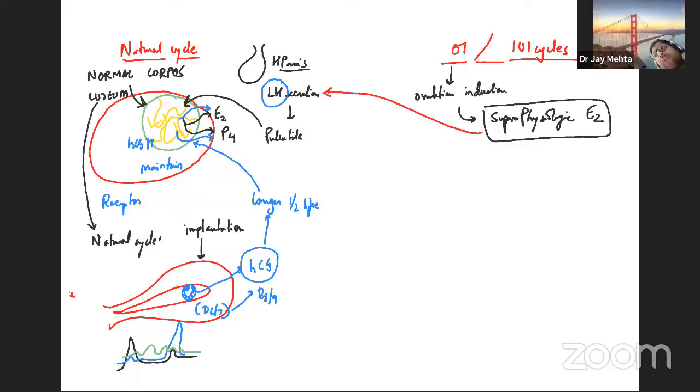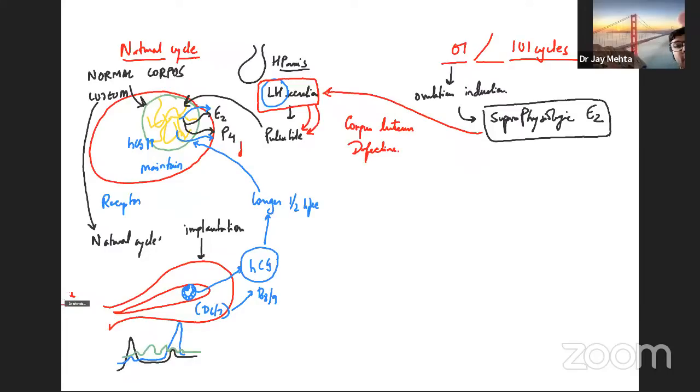Now, because this supraphysiological estradiol is negative to LH secretion, it ultimately ends up destroying the pulsatile mechanism in which the LH is secreted, and it causes the corpus luteum in a stimulated cycle to be slightly defective. Because it is slightly defective, there is going to be a window where nobody can maintain the corpus luteum.